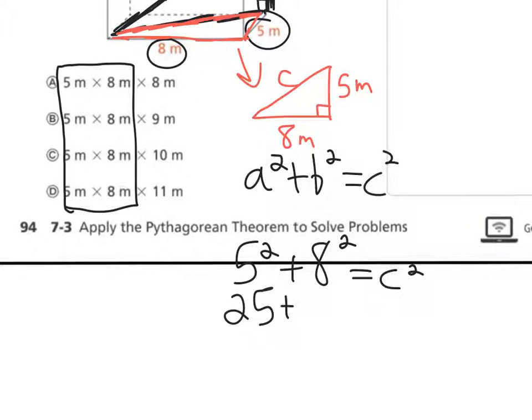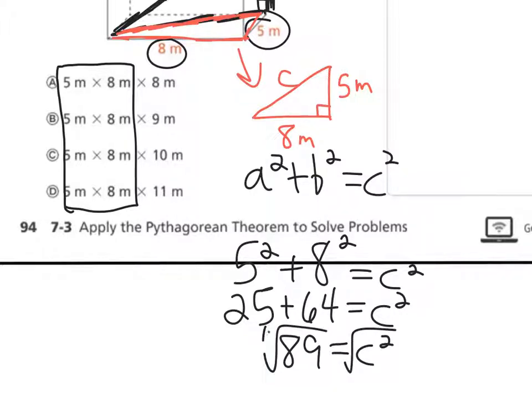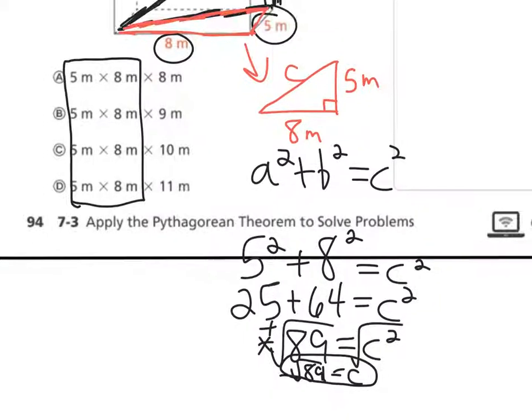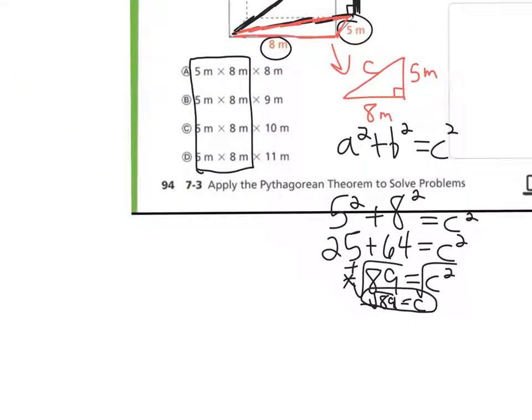So 5 squared is 25. 8 squared is 64. And if I add those together, it is 89. So that would be the square root of 89. Square root of 81 is 9, so that's more than 9. So I know that's my longest side.